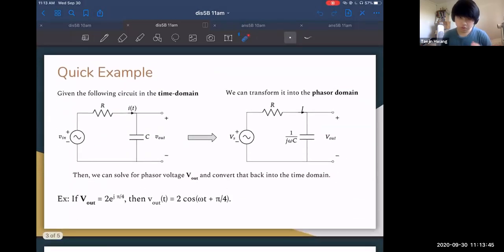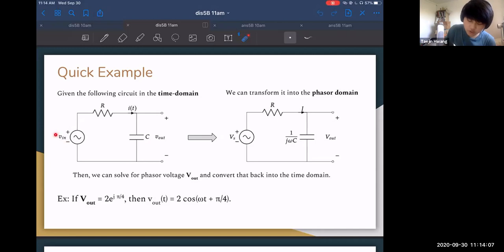Let's just do a quick recap example where we're given a circuit in the time domain, let's say we have some sinusoidal voltage, some resistor, and a capacitor. Then we can transform everything into the phasor domain. Whenever you want to work with frequency, the first thing you do is transform everything into phasors.